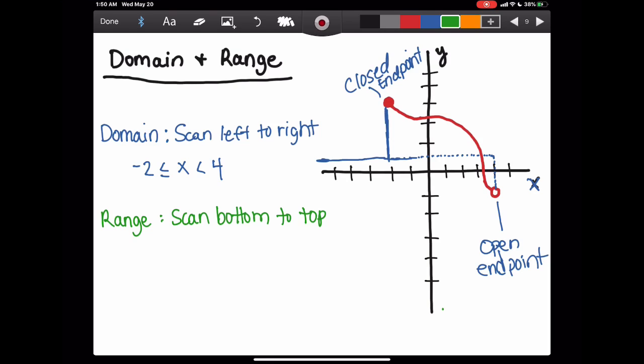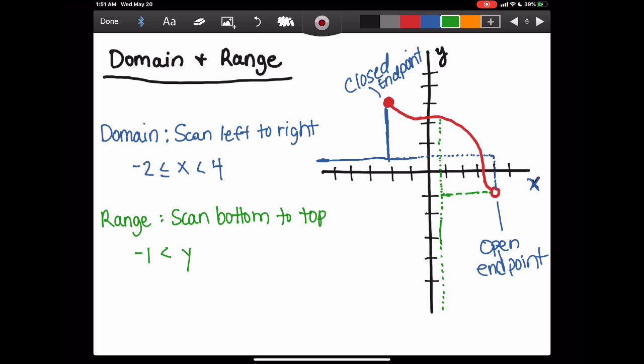So you're going to start here at the bottom, and you're just going to make your way up this y-axis, dragging your pencil until you get to a point associated with that graph, and that's going to be right here at -1. So when I'm writing my range, I'm going to do -1. I have an open endpoint, so open endpoint means that you're going to be using the less than symbol. I'm dealing with range, so my variable is going to be y, and I'm going to continue up until I get to the highest point on my graph.